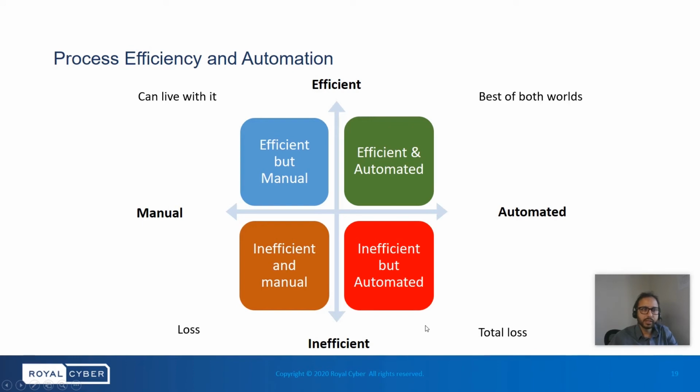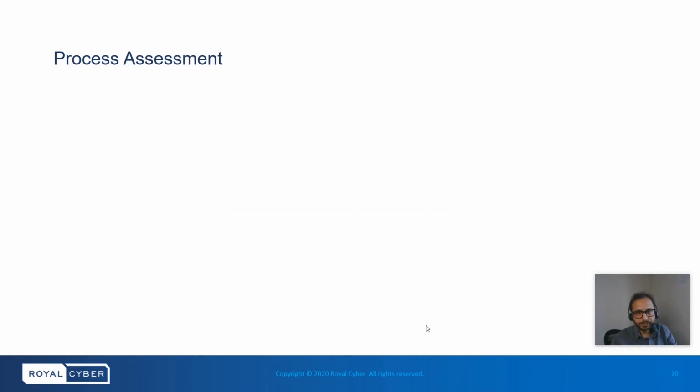We should not automate an inefficient process. We should make it efficient first. We should try to make it lean and then automate it. So these factors can also be important to consider while prioritizing a process for RPA based automation. I mean, there are three major things to look for while assessing a process.